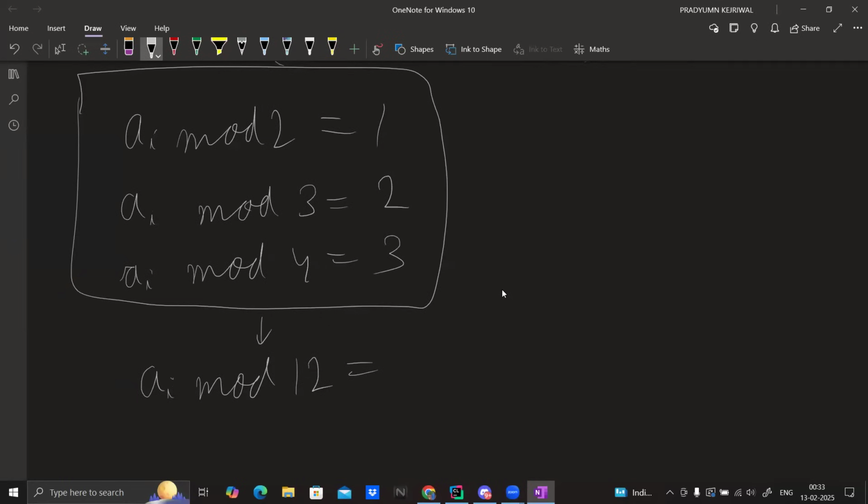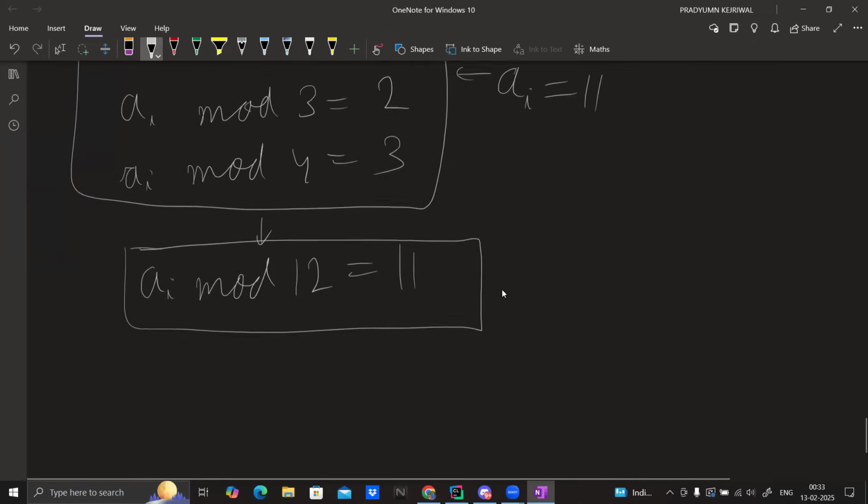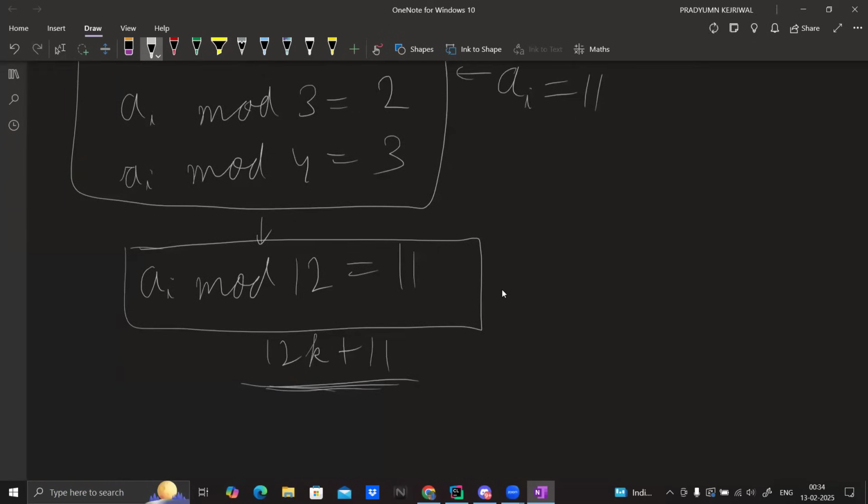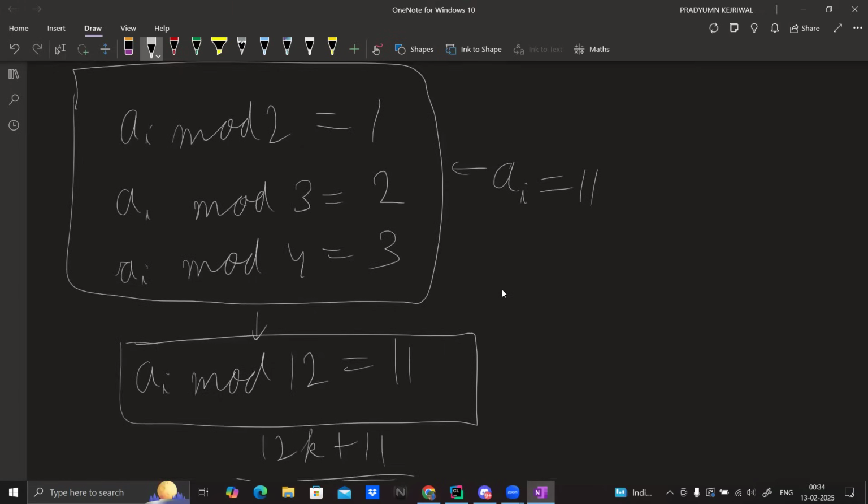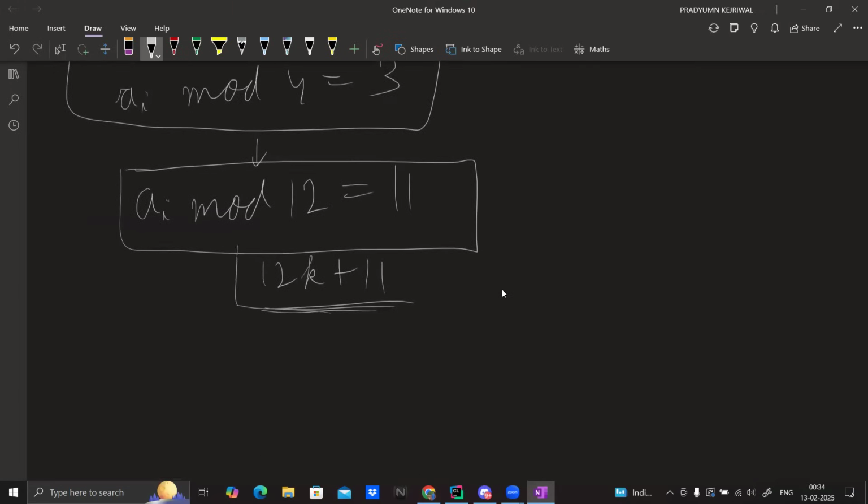What is one solution to this? If I take AI equal to 11, then mod 2 is 1, mod 3 is 2, and mod 4 is 3, right? So basically AI mod 12 is equal to 11, or the numbers of the form 12k plus 11. All the numbers of this form will satisfy these equations. That's what the Chinese remainder theorem says, and only the numbers of this form and no other numbers, right?